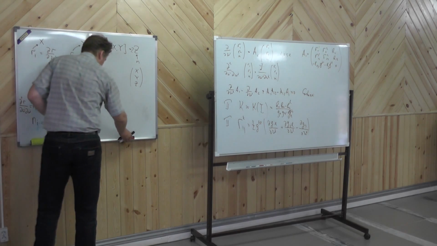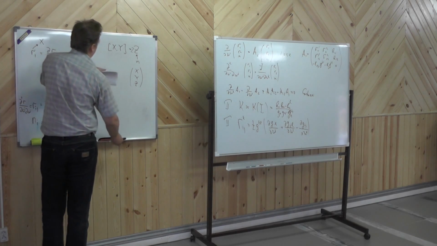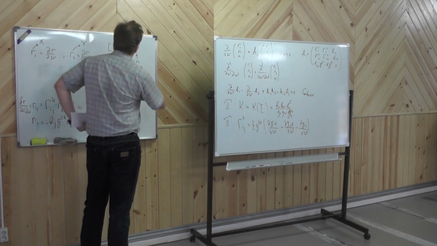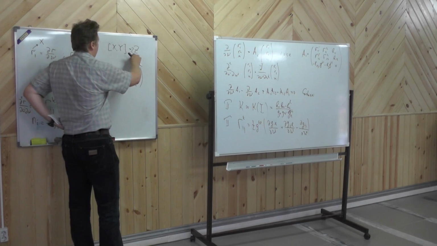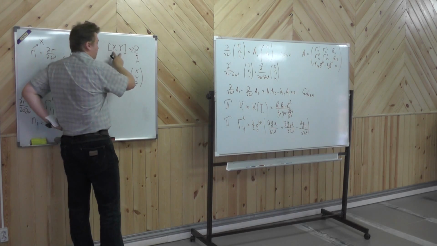Note that, for example, in this setting z is the Lie bracket of these two vector fields, and it is skew symmetric.